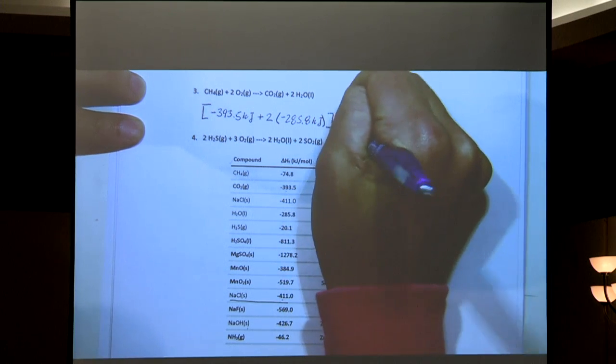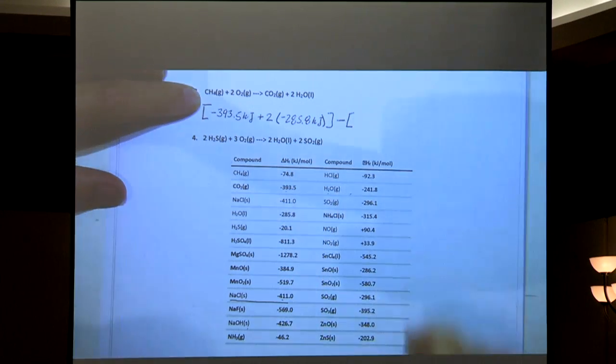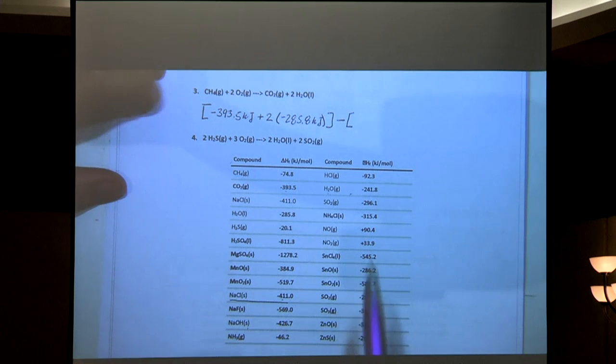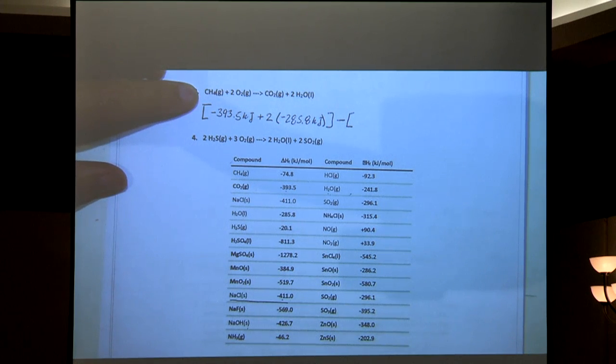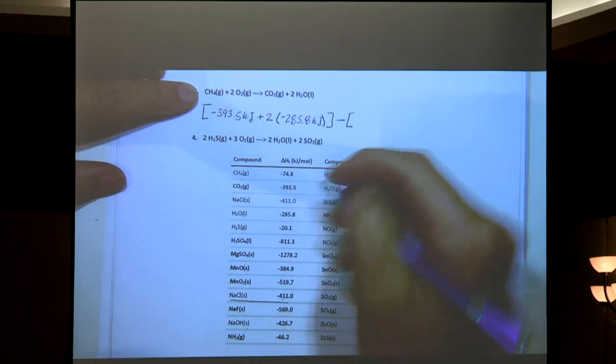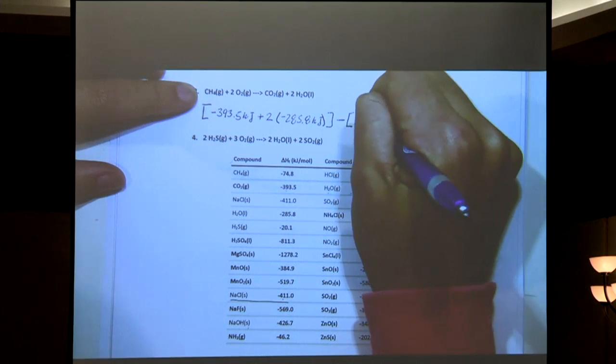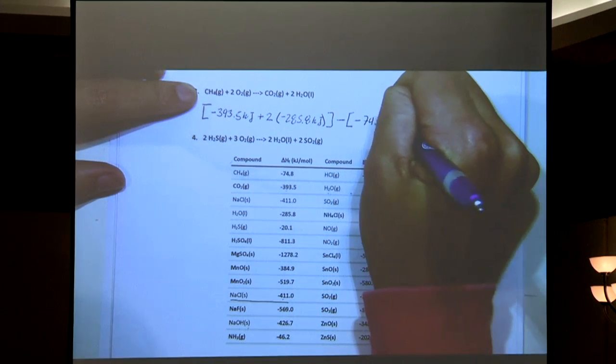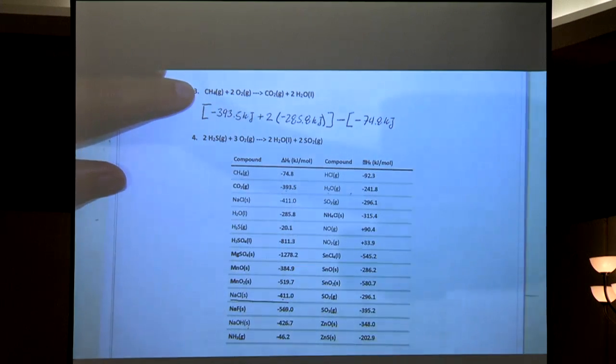Minus my reactants. So let's go with CH4 first. How many CH4s do I have? 1 of them. And what is my delta H formation for CH4? Minus 74.8 kilojoules.